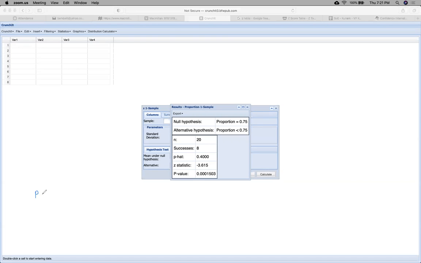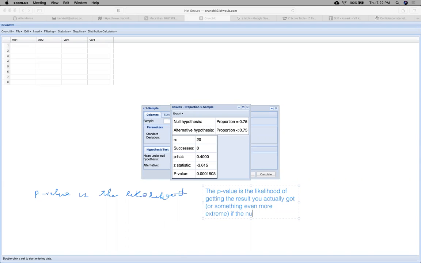The p-value is the likelihood of getting the result you actually got, or something even less likely, or even more extreme, if the null hypothesis were really true.